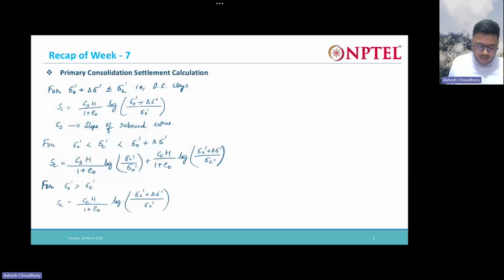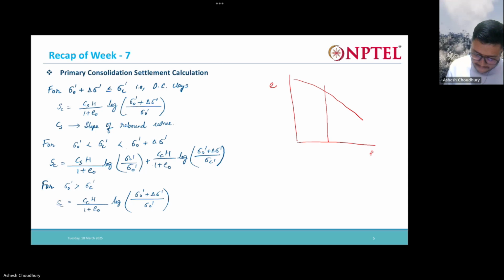Now, see, we have this curve, right? We have our void ratio and we have our pressure. Say we have some curve like this, and here we have the pre-consolidation stress.